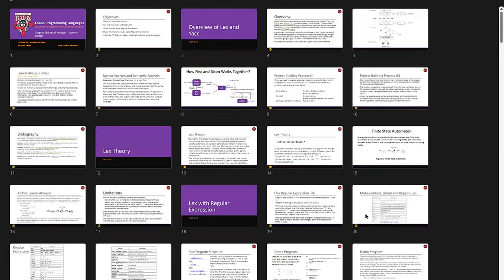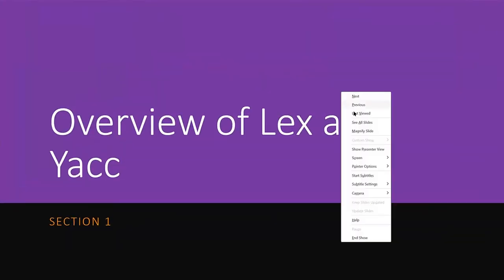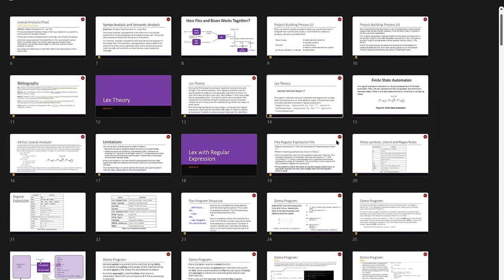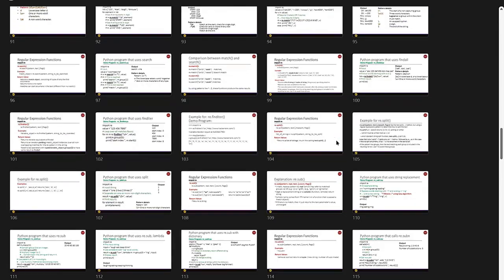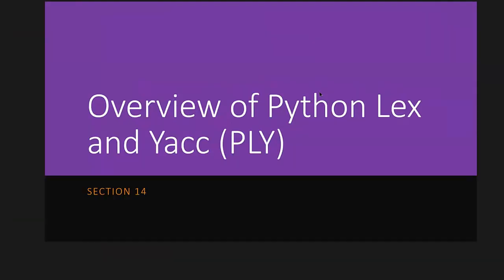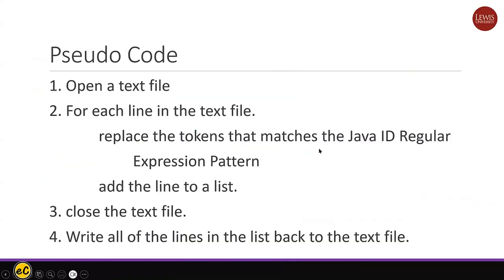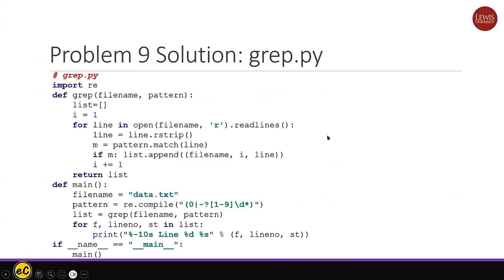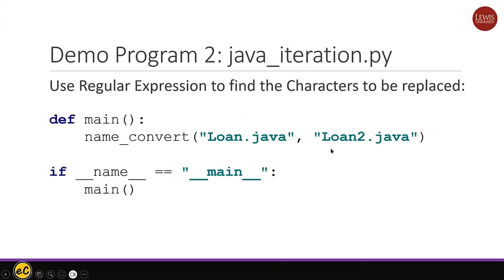Today we went over the lex and yacc theory, and then showed you how to use them in the Python environment, okay? The only thing you need to know is that you must practice the regular expression part, knowing how to use them in Python.